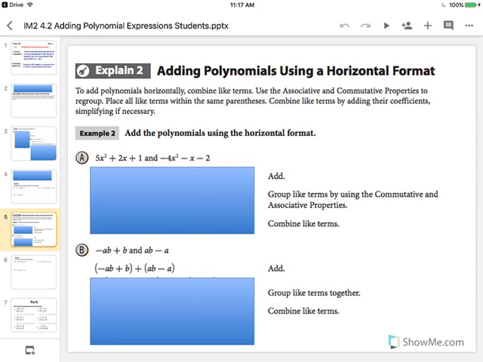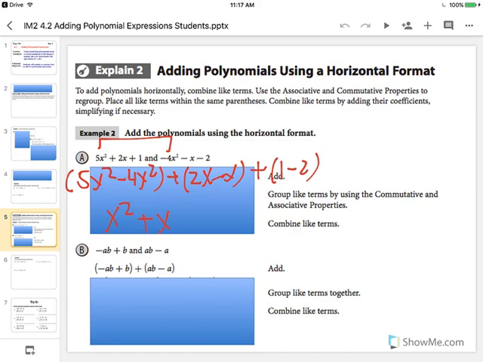So example 2a. Right, so then these are the same, so we can combine them. So it's 5x squared minus 4x squared, and then this gives us 2x minus x. The last one will be 1 minus 2. So then this gives us 1x squared, a positive x, and a minus 1.